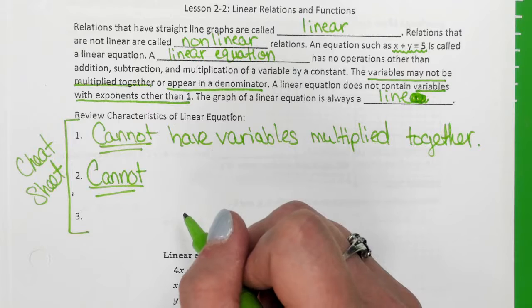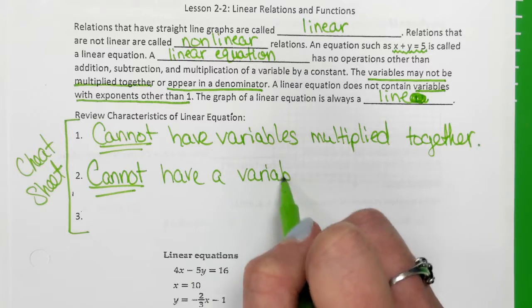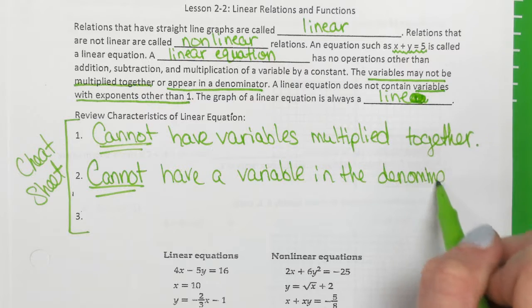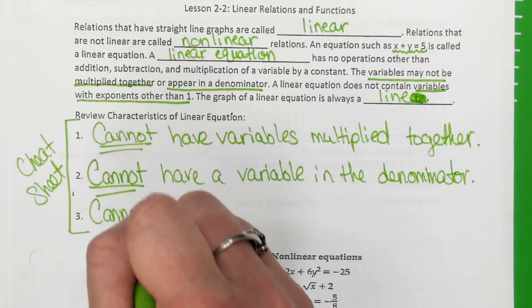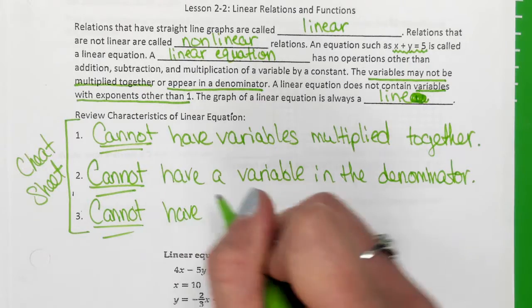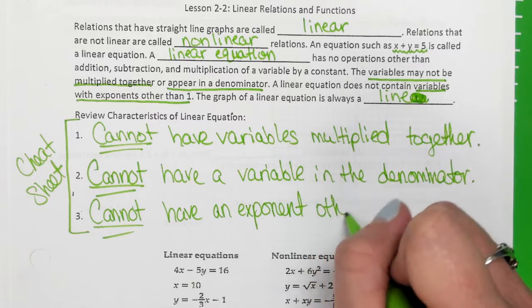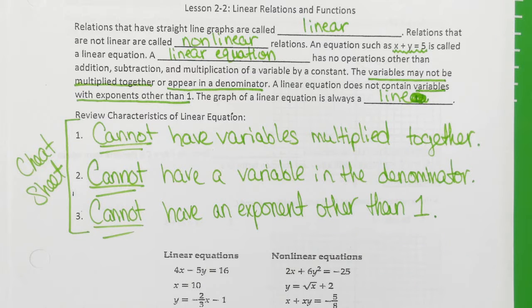There you go. Cannot have a variable in the denominator. And last thing, one more. Perfect. Cannot have an exponent other than 1.